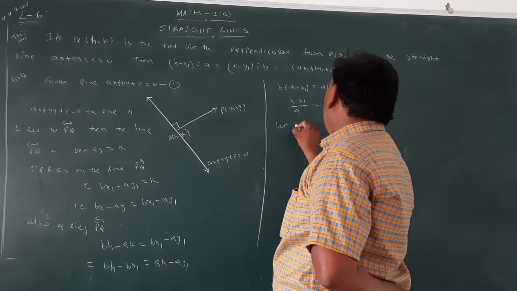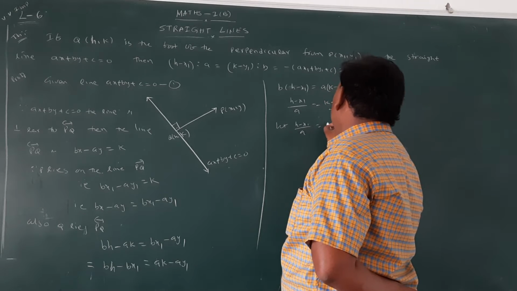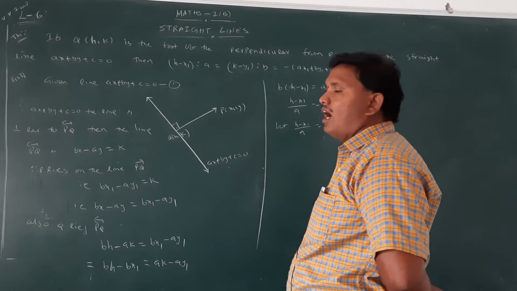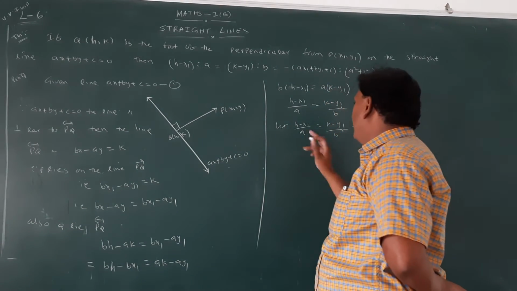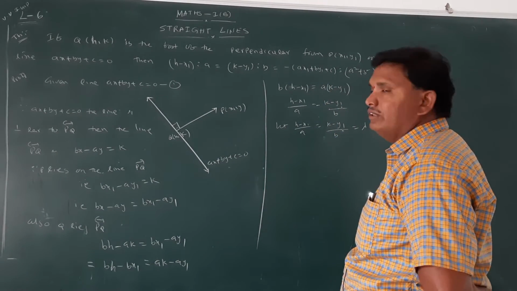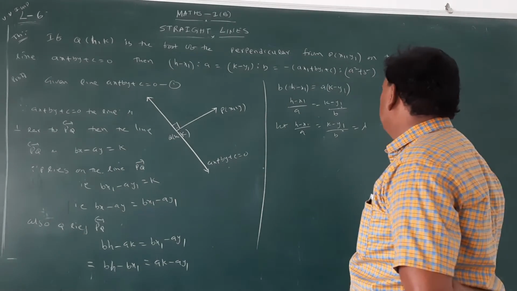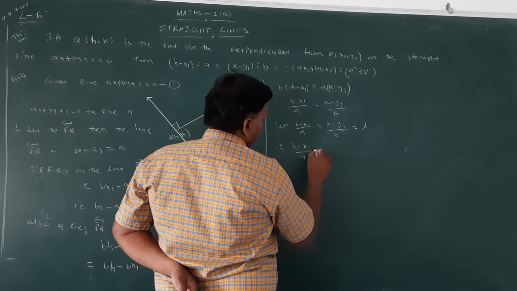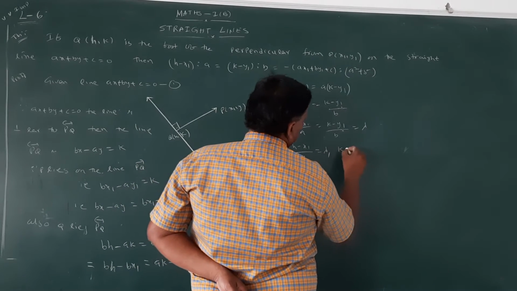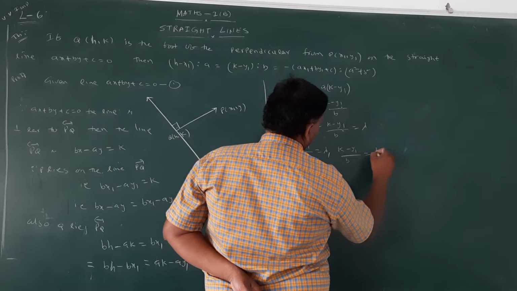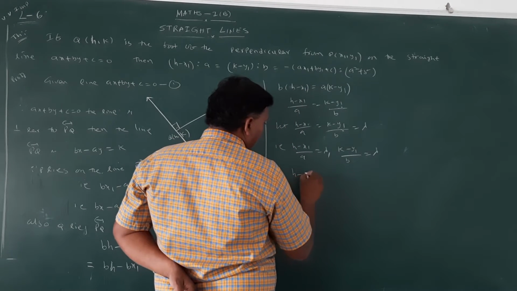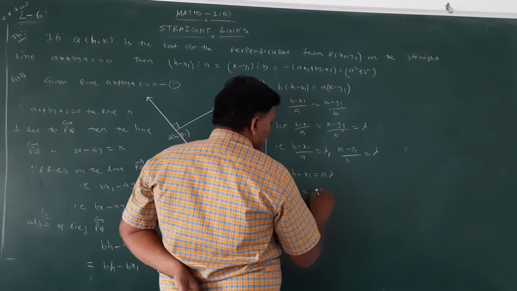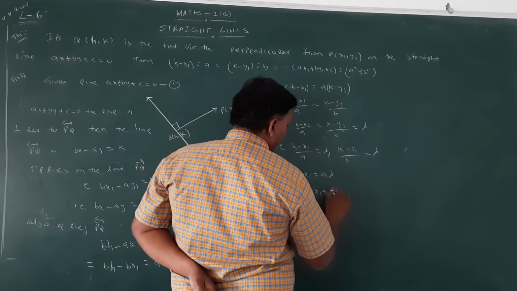Let (h - x1)/a = (k - y1)/b = lambda. That is, (h - x1)/a = lambda and (k - y1)/b = lambda. So h - x1 = a lambda, h = x1 + a lambda.